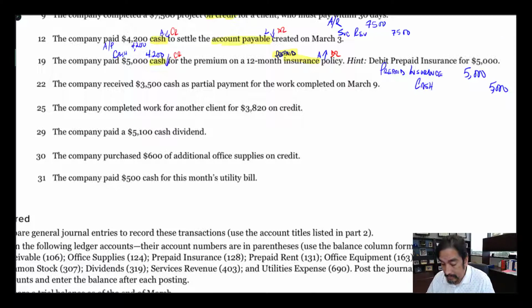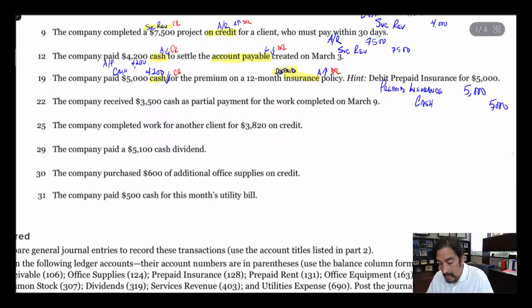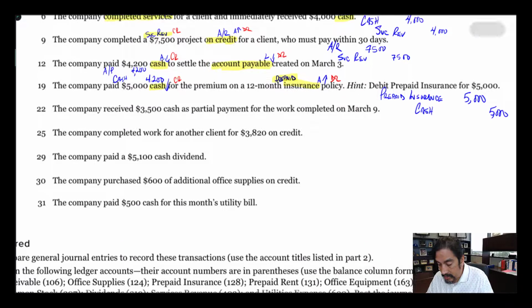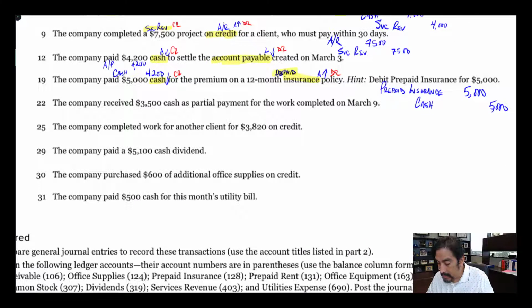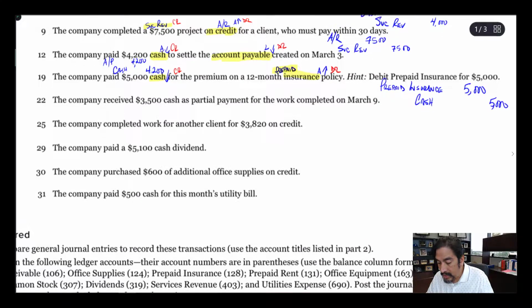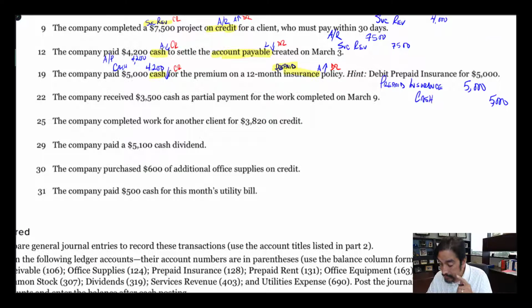Next is 22. It says we received $3,500 cash as a partial payment for the work completed back on March 9th. And so March 9th, there's March 9th right there at the top. March 9th, we recorded accounts receivable for the $7,500 worth of work.